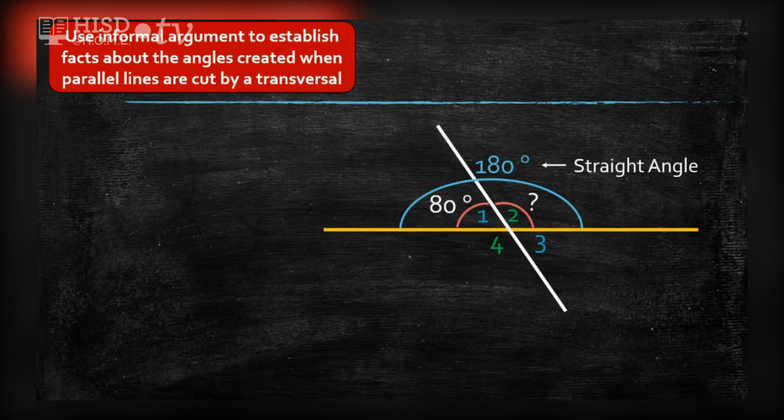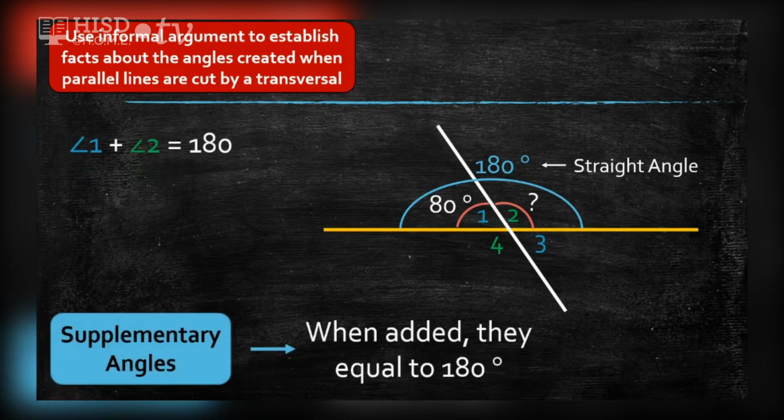So this means that I can use a property for supplementary angles that says that when you add two angles, they are equal to 180. So I'm going to write angle 1 plus the angle number 2, they're equal to 180.